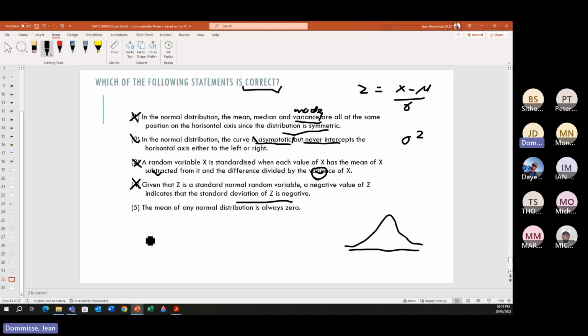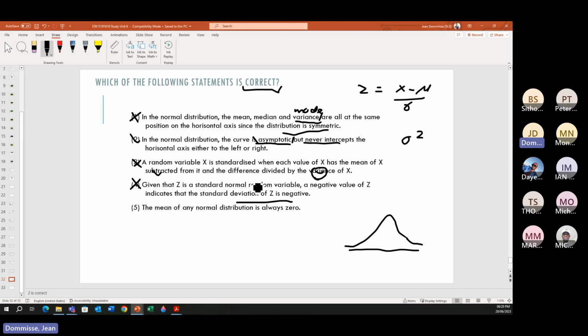What does happen, and we will see that in chapter 8, when we look at confidence intervals, we will subtract the standard deviation, but that standard deviation is still a positive number. So it looks negative because we say minus the standard deviation, but the standard deviation itself is never negative. So just on that point.